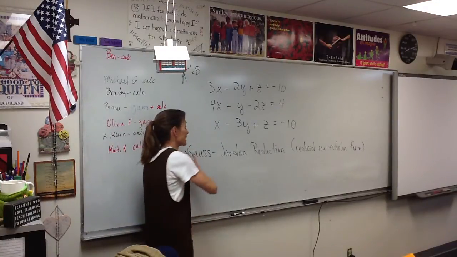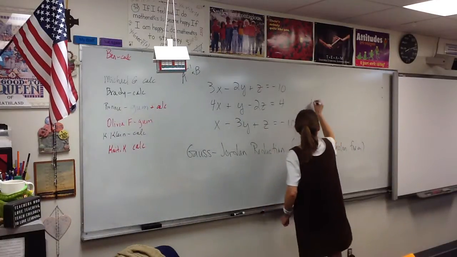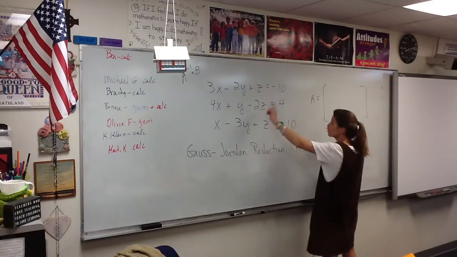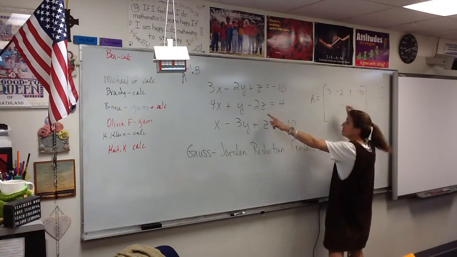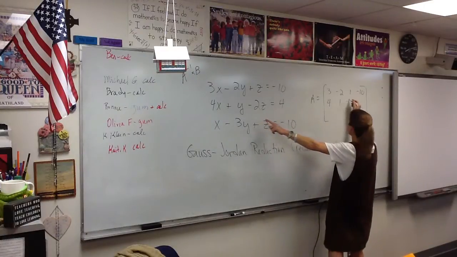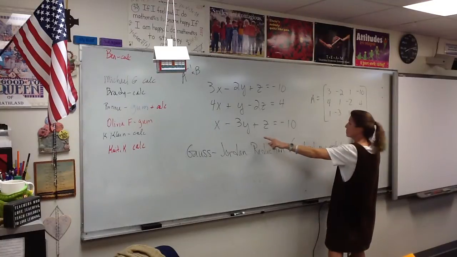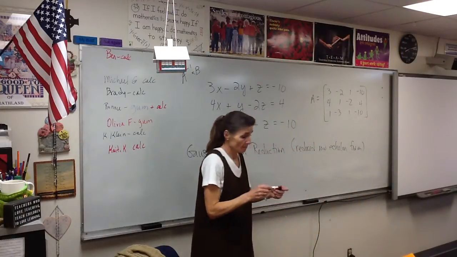Now, this is a different strategy. Here's what I want you to do. For matrix A now, we're going to type in a new matrix. The matrix we're going to type in is 3, -2, 1, -10. I'm typing in all of the numbers in one big matrix.